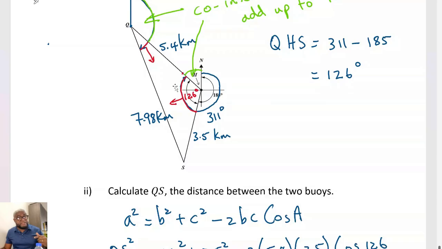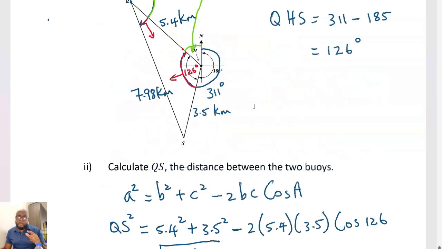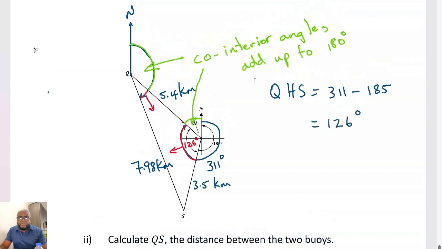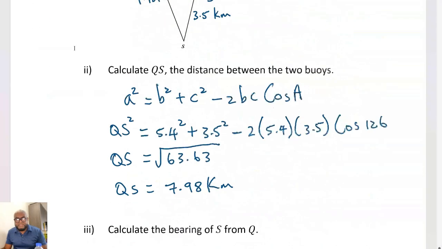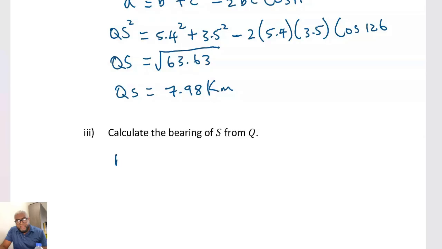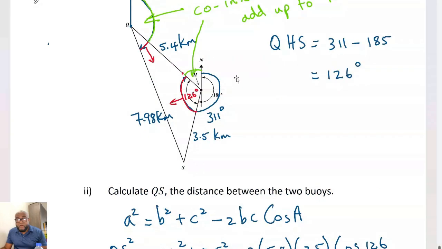So if here to here is 311, to find the missing piece, it'll be 360 minus 311, right? Let me call this knot line up here N1. So it'll be N to H to Q. N to H to Q is what we're trying to find, right? N to H to Q would be equal to 360 minus 311, which will give me what? 49 degrees, right? That's green number 1.